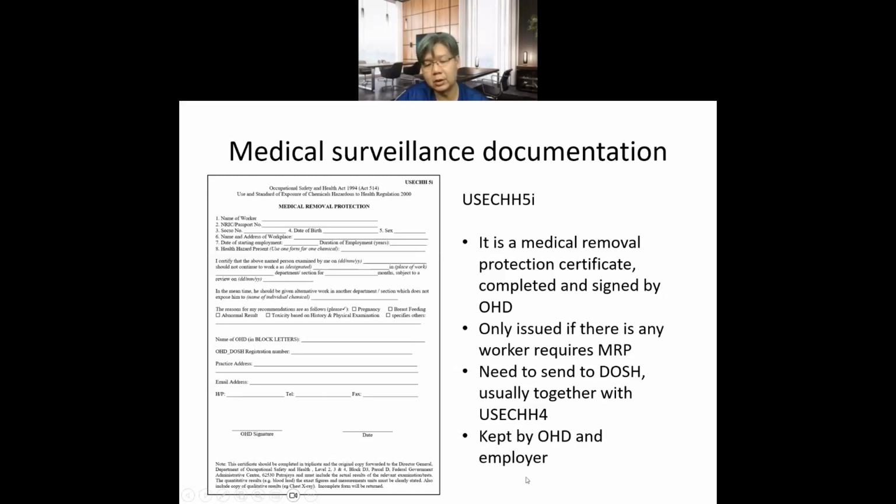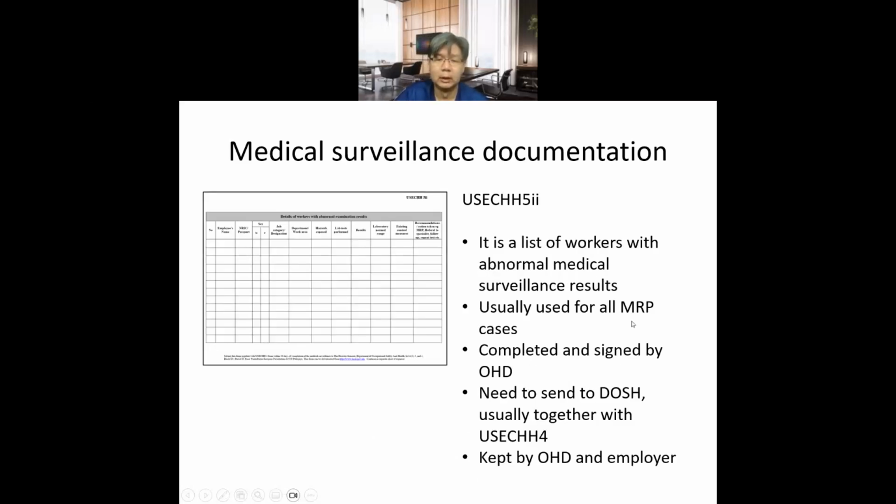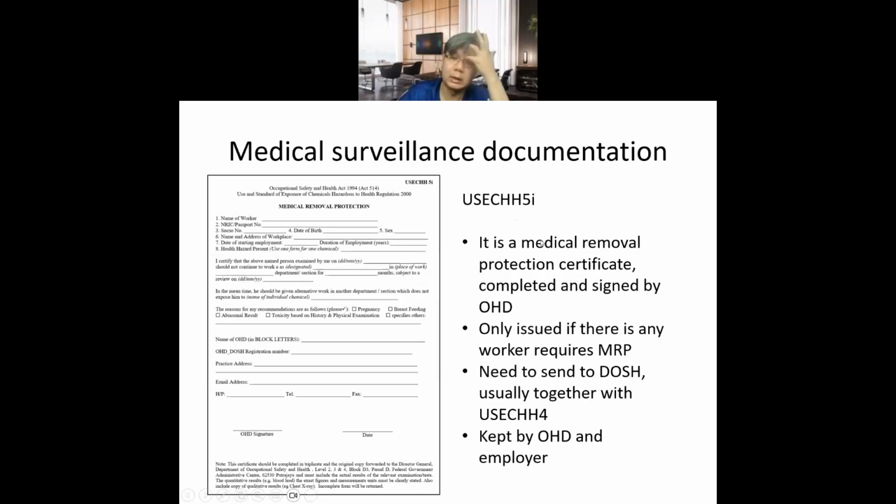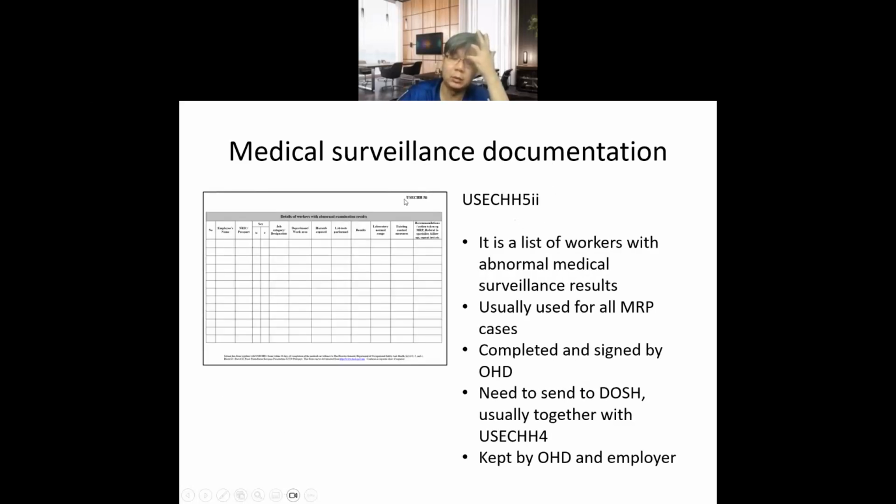It is kept by the OHT and the employer. Now you have to comply. If you do not comply, then DOSH will penalize the company. Now, when we have any worker that requires MRP, the OHT will sign this use 52 form. So you notice that 51 is MRP, and 52 is the details of all the workers requiring MRP.